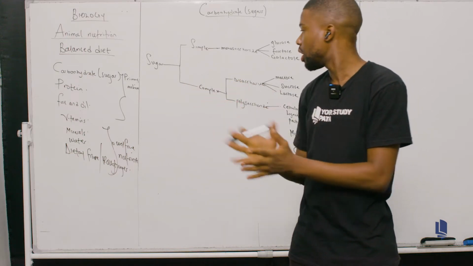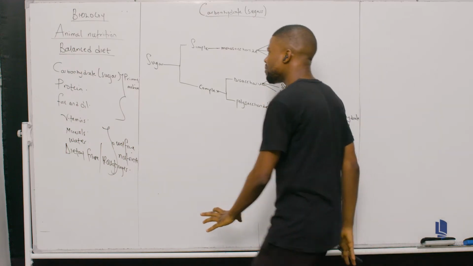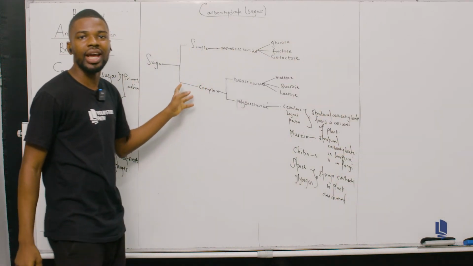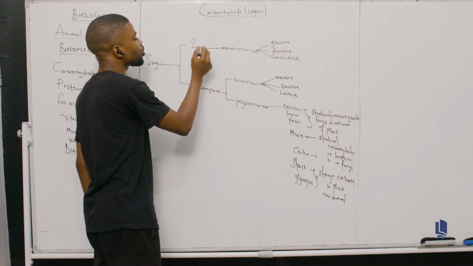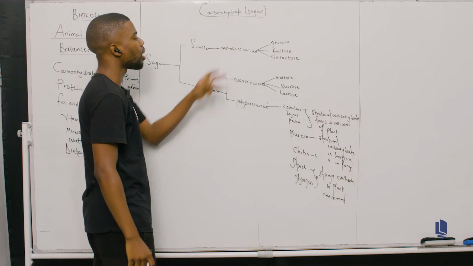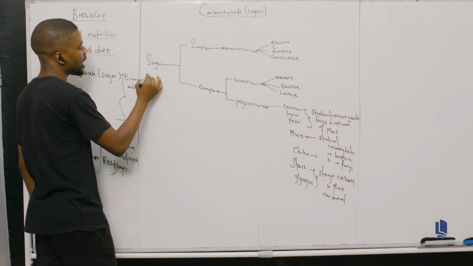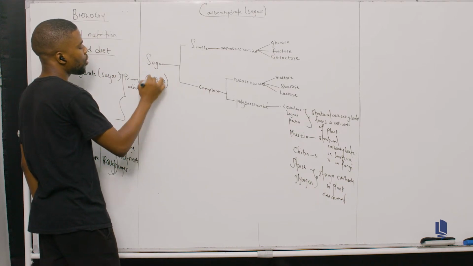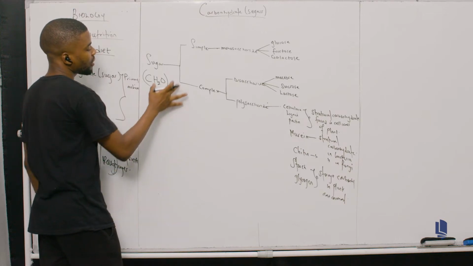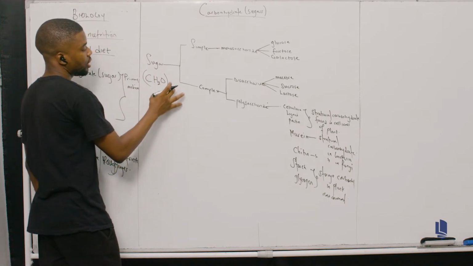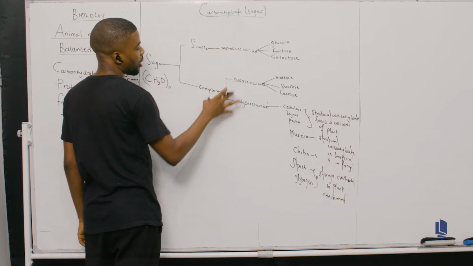Are we together now? So don't get it wrong. Look at this. We need to enjoy this part well so that you can know what I'm saying. When I say simple sugar, I'm talking about the monosaccharide. Now, what is the general formula for sugar? We say CH2O bracket N. Are we together? But with this, you can get the formula of the rest.